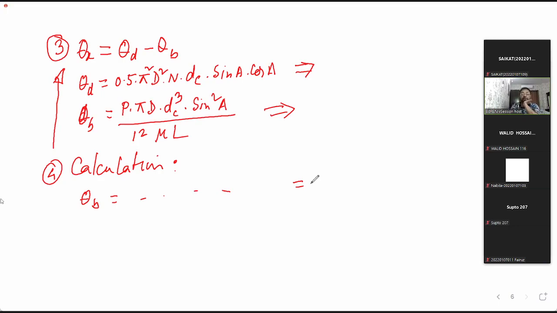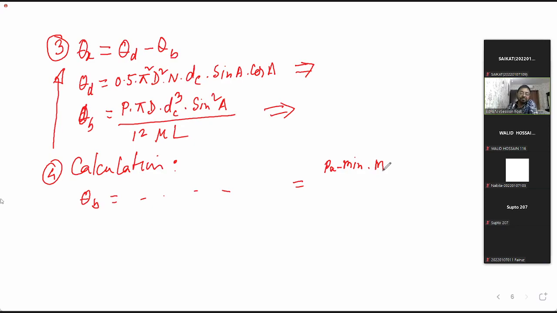What will be the unit of this value? See, if we put the P as Pascal, second or minutes, let us put it in minute. Okay, Pascal minute.